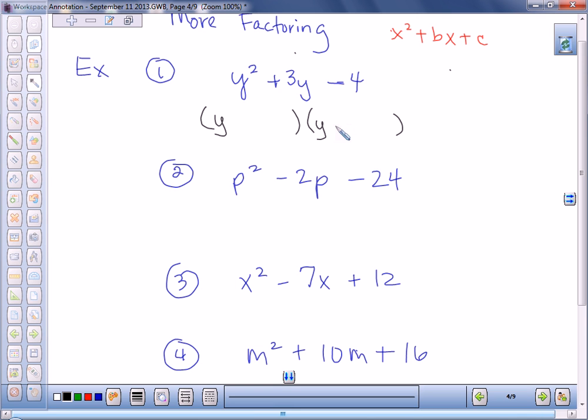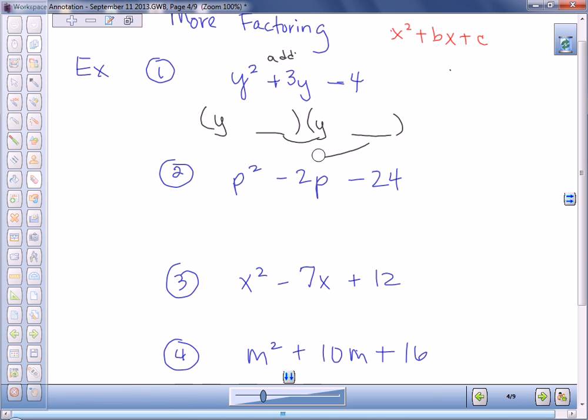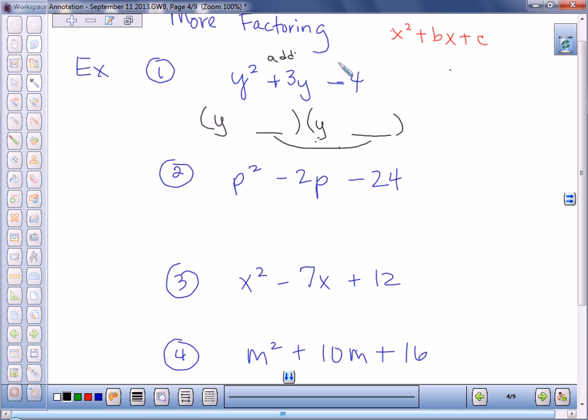Let's think about what the process does when we FOIL it. Do you see that when I do this times this plus this times this, that gives me the middle number? So I'm thinking about something that I add to get the middle number. And to get this last term, it's this times this that I would multiply to get that last number.